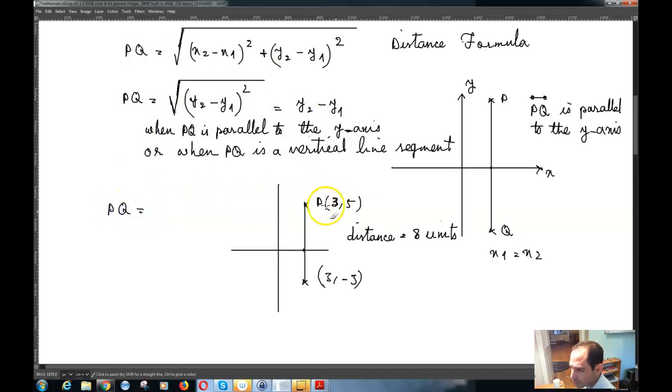PQ is going to be equal to, for example, let's take this number as y2, and this number as y1. In that case, y2 is 5 and y1 is negative 3, and that gives you 5 plus 3, which is equal to 8.